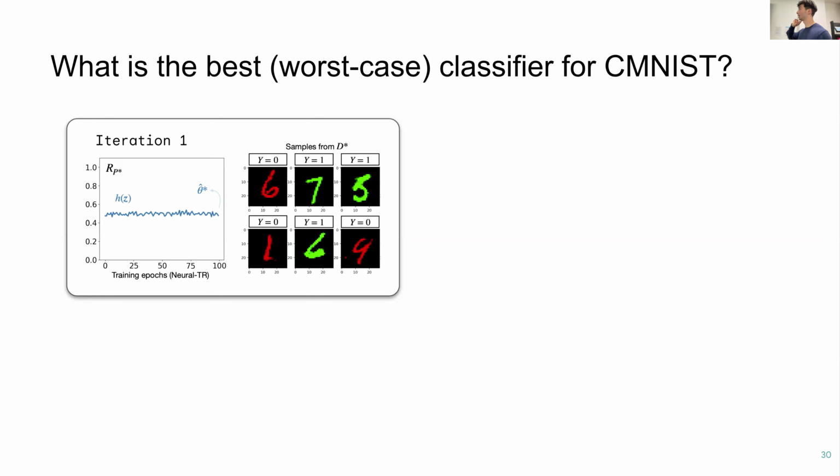So this is what the data looks like for this particular worst case model, just colored images with some label. And it's interesting to note here, for this particular example, we find the model generates data with a strong correlation between the color and the label. So here, all of the green ones are labeled with 1, all the red ones are labeled with 0.